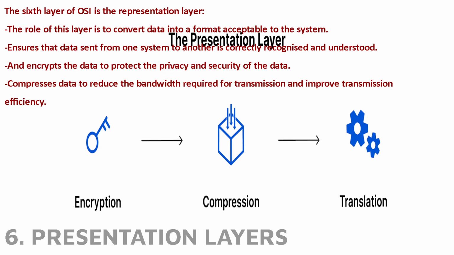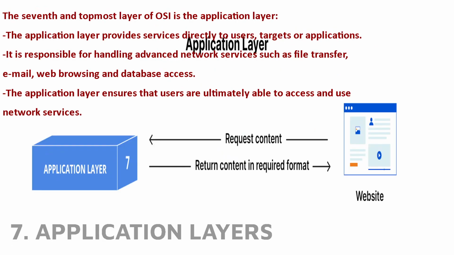And the last one, which is also the top layer, will be the application layer. The seventh and topmost layer of the OSI is the application layer. The application layer provides services directed to users, targets, or applications.